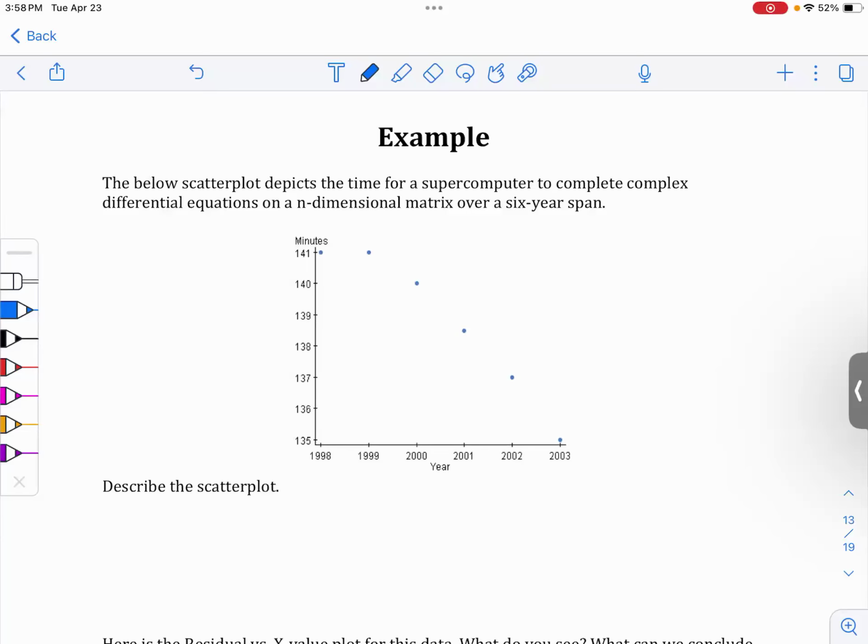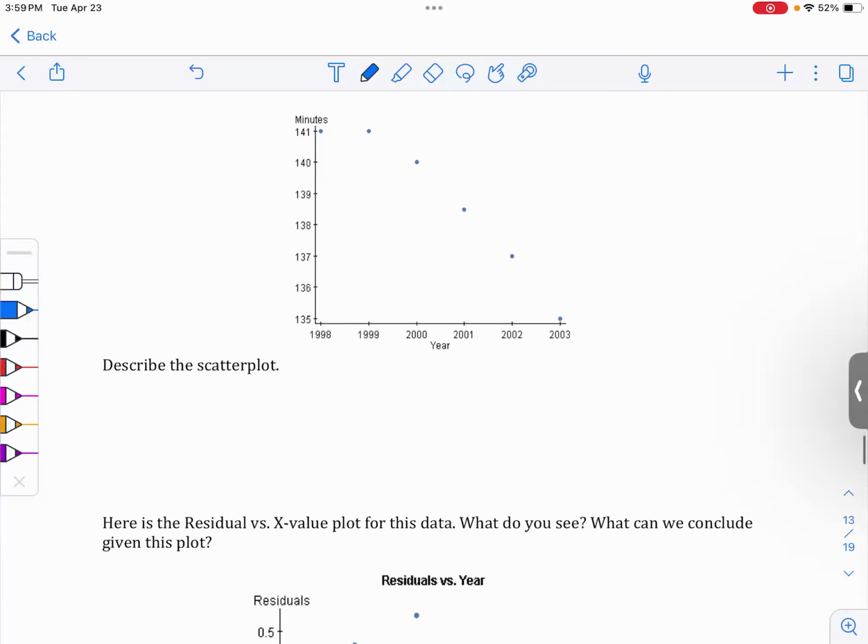So I want to describe, okay, so below depicts the time for a supercomputer to complete complex differential equations on an n-dimensional matrix over a 6-year span. All right, the point is that I want to describe the scatter plot, describe the association here, which means I need to identify the direction, the form, and unusual features.